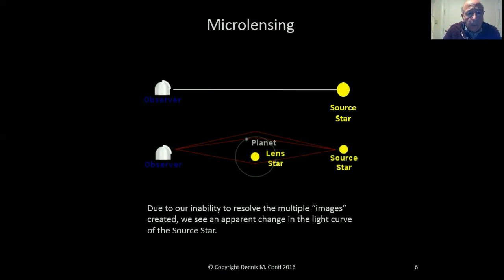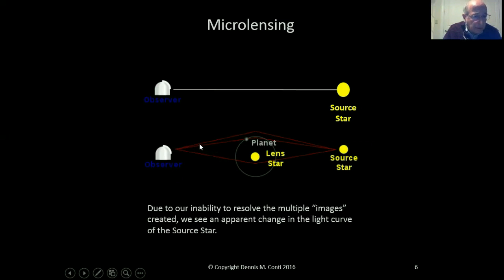And one of the things that we will see is that theoretically there are multiple images actually being produced, but because of the resolution limitations of us as observers, we are not able to resolve those multiple images.